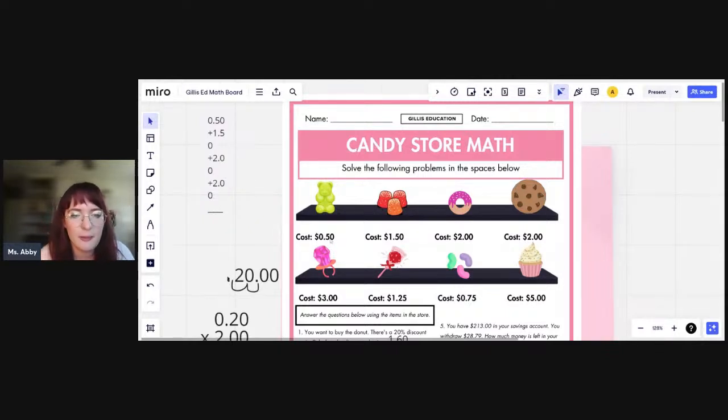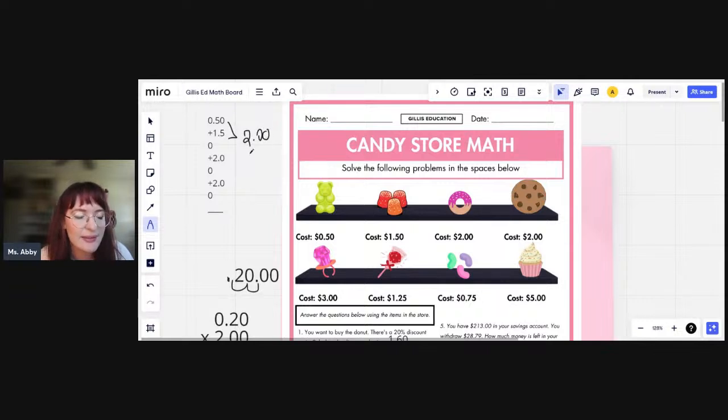So 0.5 plus 1.5, I like to break these up a little bit and add the first two. That's going to be $2. So let me take this and use my marker. That's going to be $2 when you add these two together.